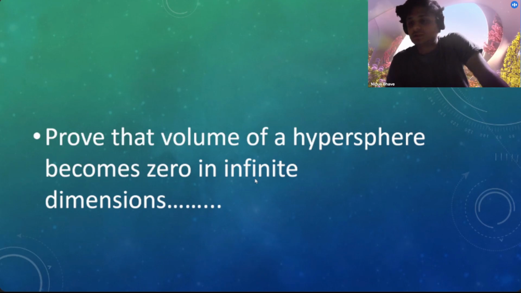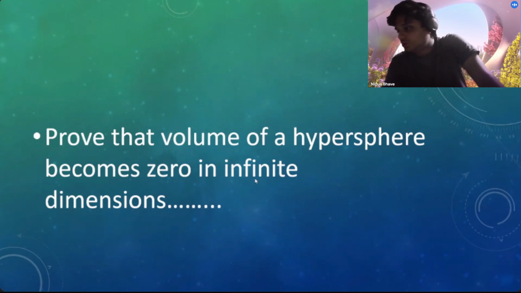You can just check x plus 2 upon x square plus 2. If you put x as 1000, what do you get in the numerator? You get 1002. In the denominator, you will get 1000 square plus 2, which is like 10 lakh 2. So you have 1002 upon 10 lakh 2.